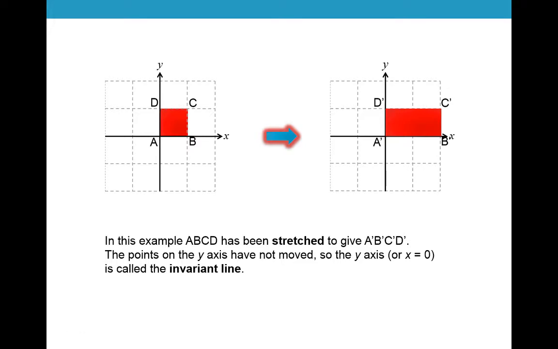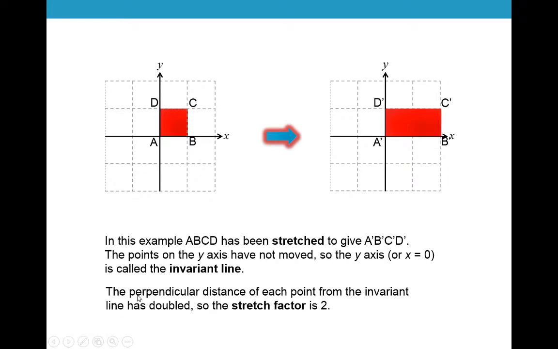And they don't have to move for it to be a line of invariant points, but they're different things. They have to retain the same position. So that, to me, should really be called a line of invariant points, because if you're on that line, you stay on that line. Okay, but there you go.